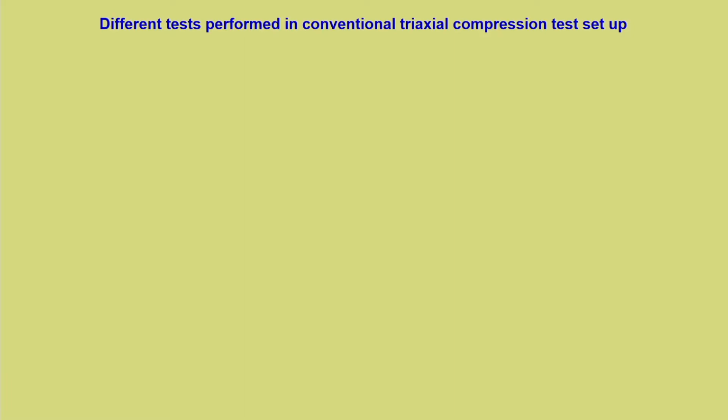Now, what are the different tests performed in a conventional triaxial compression test setup? I use the term conventional to mean the basic triaxial test equipment. Nowadays, there are different variants of triaxial testing possible: cyclic triaxial testing, unsaturated soil triaxial testing, and stress path triaxial testing.